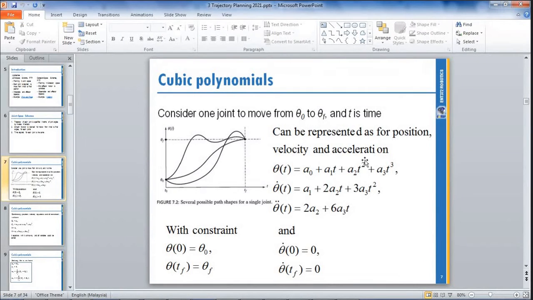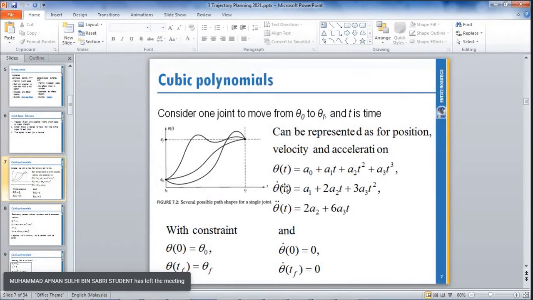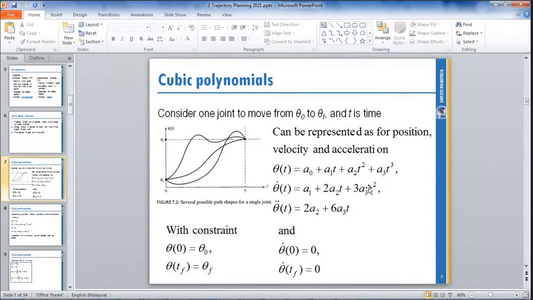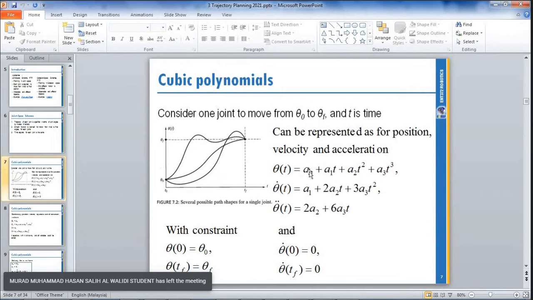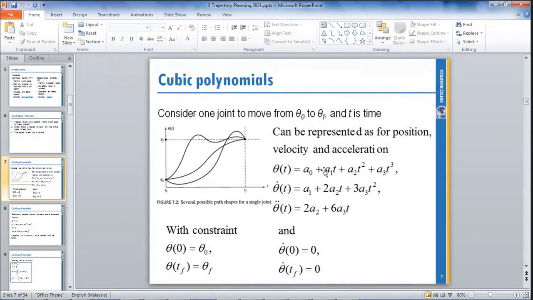Based on this main equation, if we differentiate once over time, we will get velocity. Distance or position differentiated with time gives you meters per second, so you will get velocity.